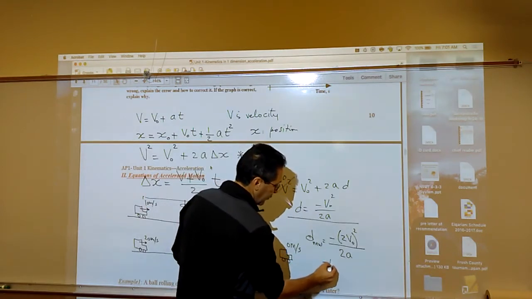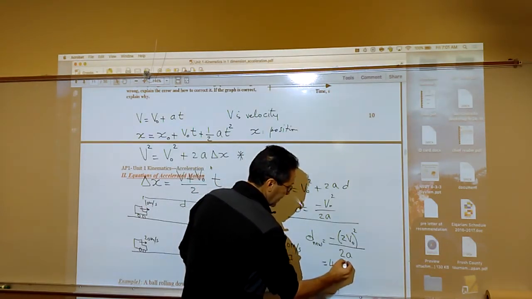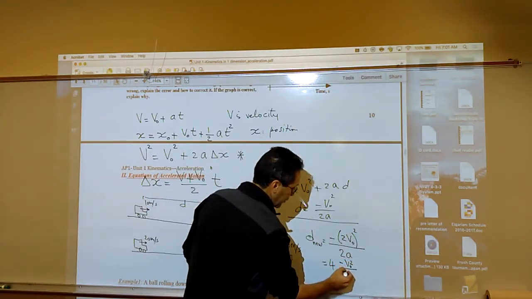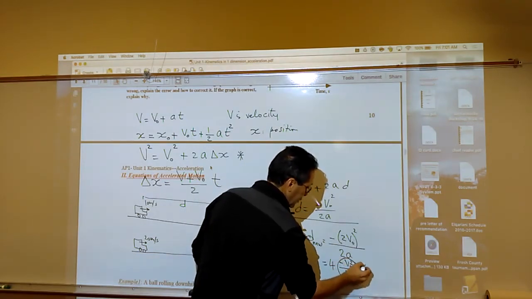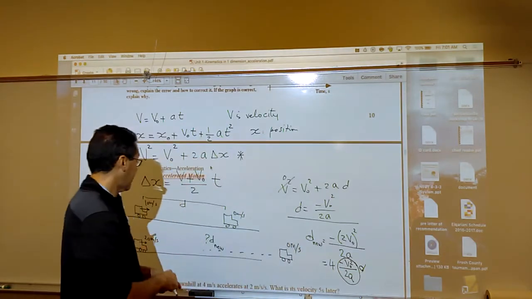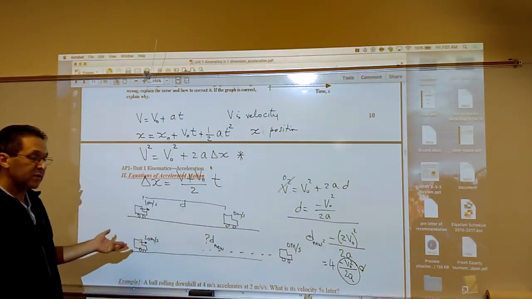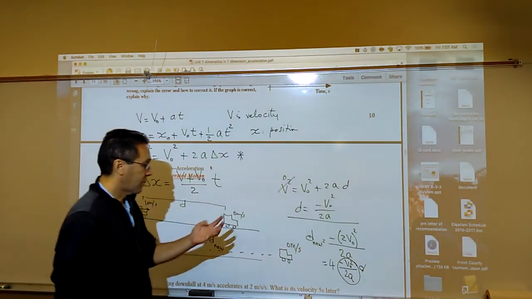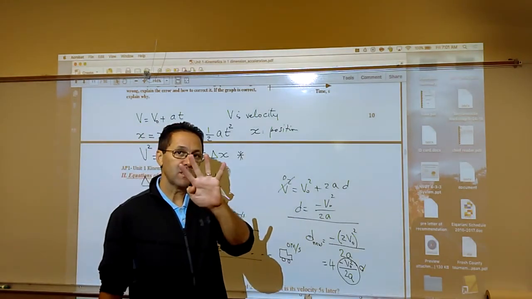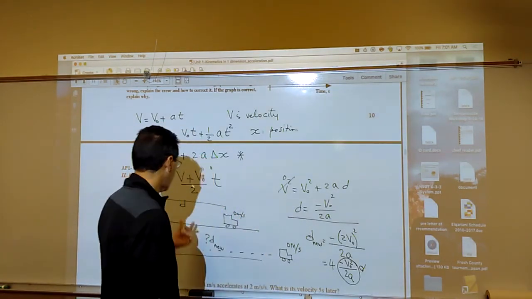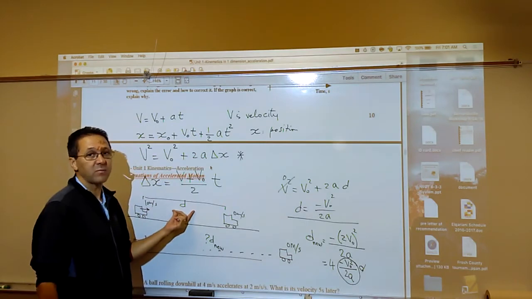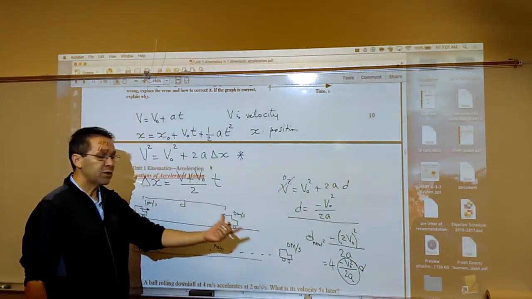So this is going to be 4 times negative v0 squared over 2a. Well, this expression here is just d. So if I double my speed, I'm going to need 4 times the distance to stop. In other words, if I was able to stop in, let's say 5 meters here, now I need 20 meters.